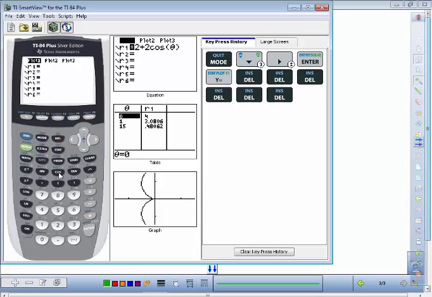So I would select cosine, and then this button that says xt theta n, it knows which function you're dealing with. So if you press that button, it's not going to give you an x like it would for a regular function. It's not going to give you a t like it did last time we used it. It's going to give you a theta because it knows that it's in polar coordinates or polar graphing. Okay?